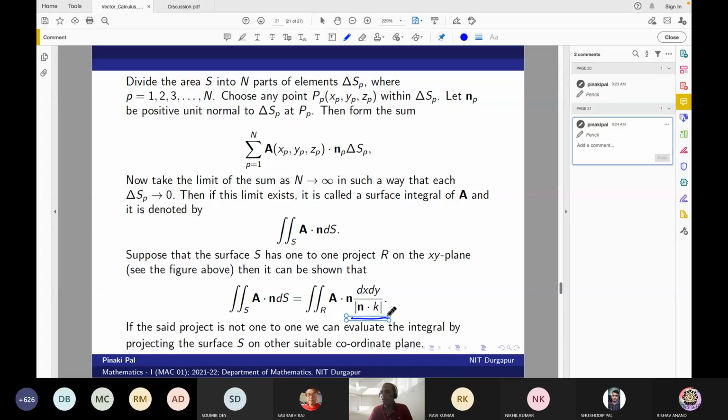Then basically we have a double integral, and I think all of you have learned how to evaluate a double integral. We can also substitute it with dy dz by using the I cap vector.